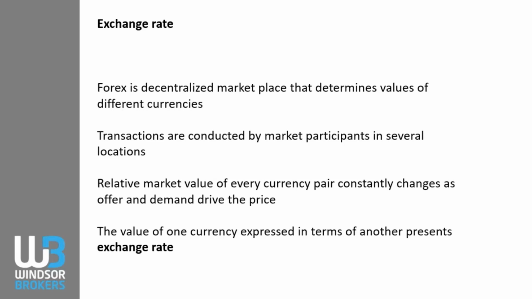So in the Forex market, which is the decentralized market, as we said, the values of different currencies are presented, and this is the tradable price, and the traders take it to execute their trades.